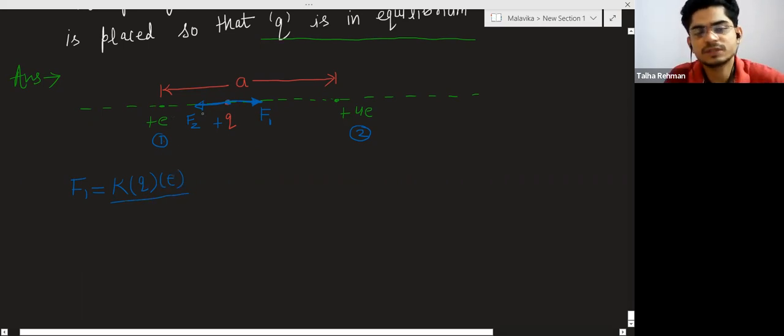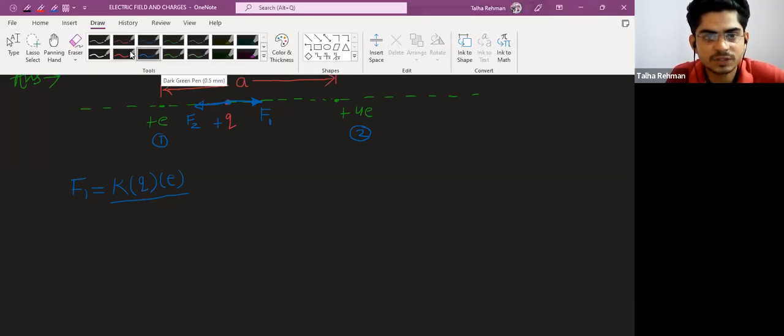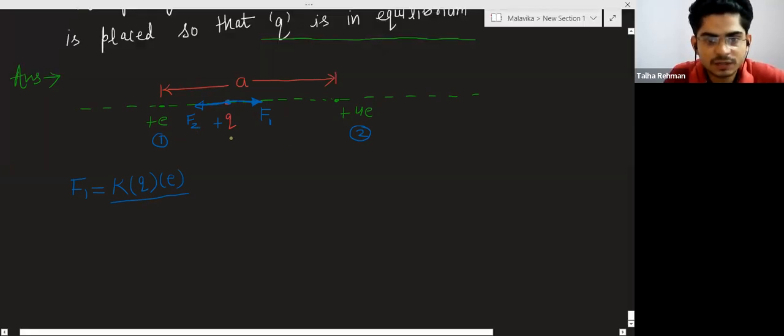the distance, which we have to consider also. Suppose I have kept this charge at a distance of x from here.